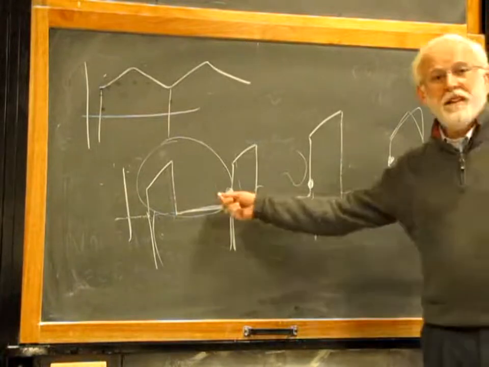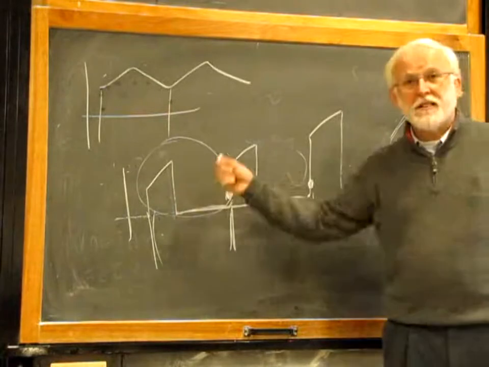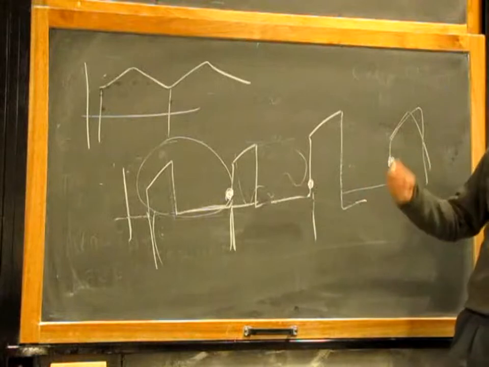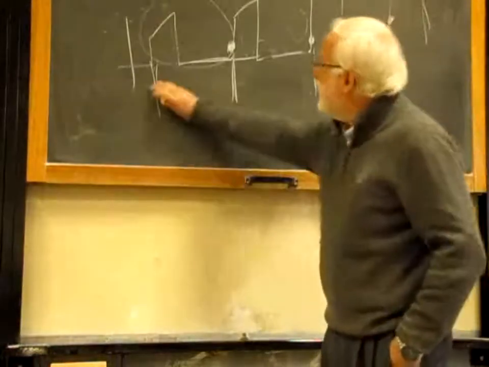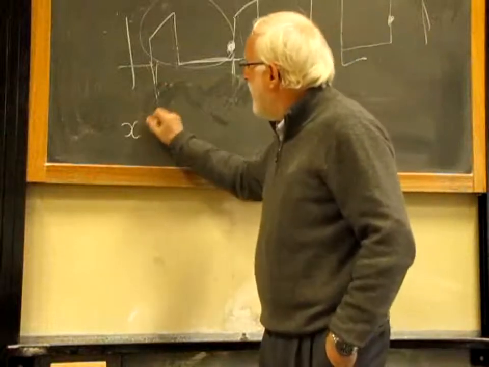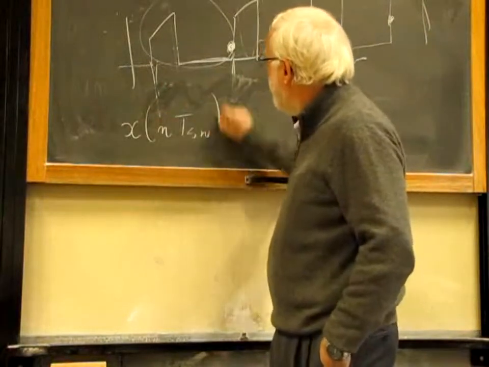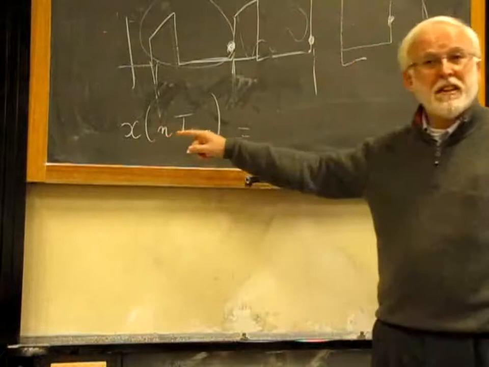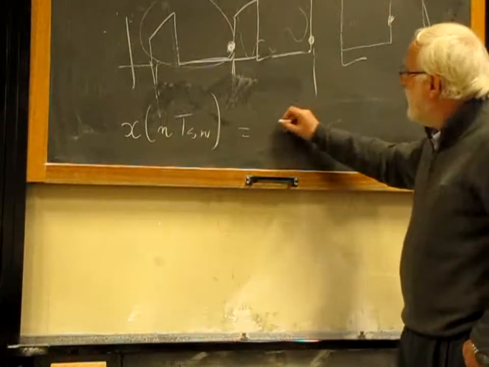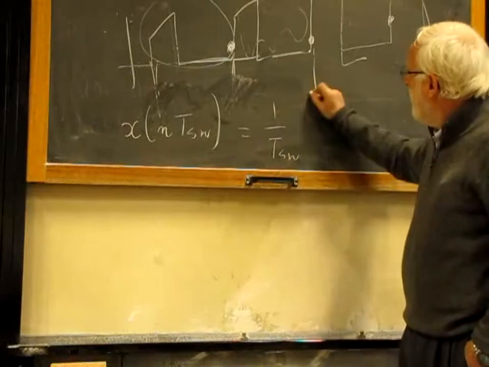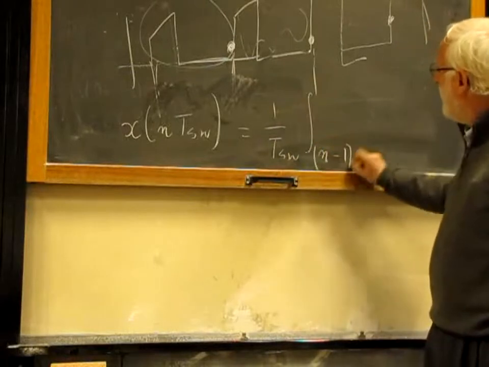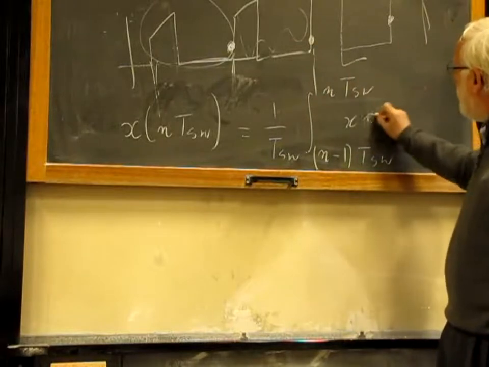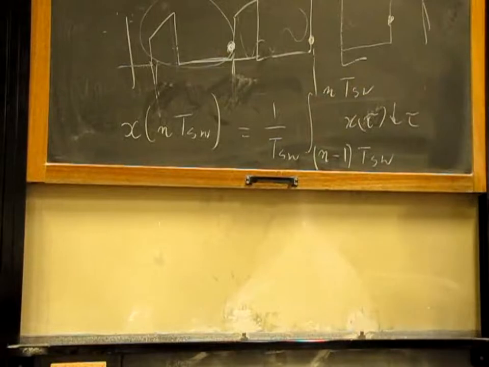What you get at the end is an average, because you average each single cycle, but it's not a continuous function, it's a discrete function. A function is a sequence of numbers. So you could also define an average like this: x of n, that is something discrete, equals, this is the average value, the compressed value, equals 1 over the switching period times the integral from n minus 1 times the switching period up to n times the switching period of x of tau d tau.